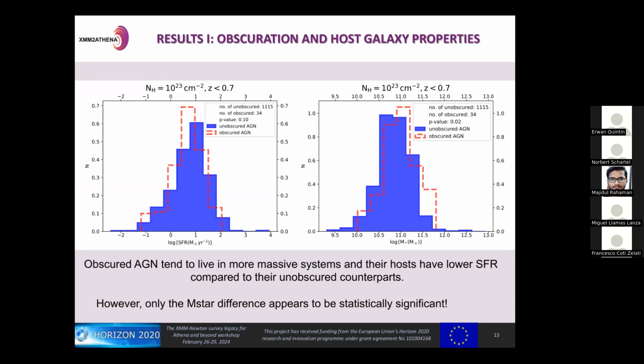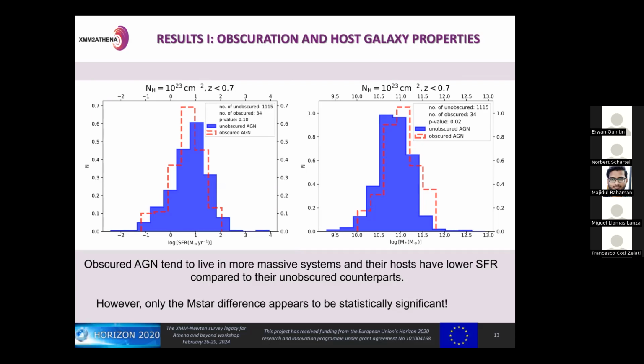But the important thing that we also did is that we included in this criterion the uncertainties of the NH measurements. So a source is classified as X-ray obscured if the lower limit of NH is higher than 10 to the 23rd, and as X-ray unobscured when the upper limit of NH is below 10 to the 23rd.